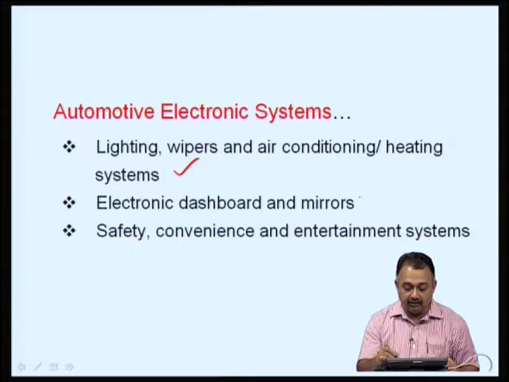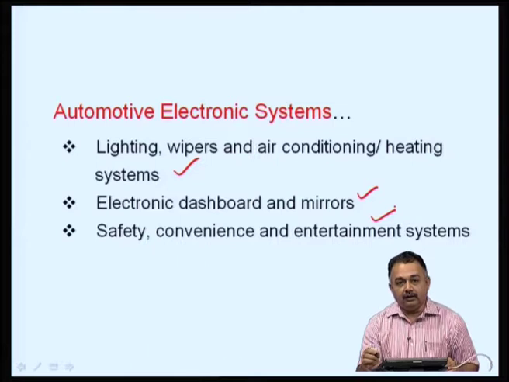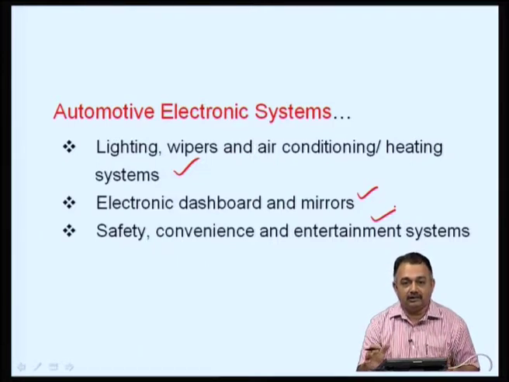electronic dashboard and mirrors, safety, convenience and entertainment systems. So, how do you manage all of these systems, keeping the electronic system small, at the same time gelling well with the mechanical parts of the automobile? And as you know, when a car is driven on the road, there is a lot of vibration.